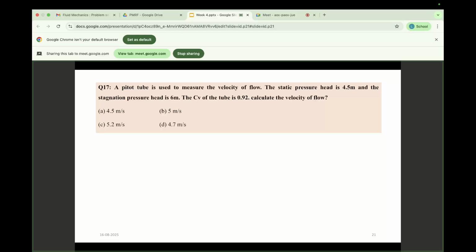You are asked to find out the velocity of flow. Okay, so please try to answer. I'm giving you 1 minute of time.